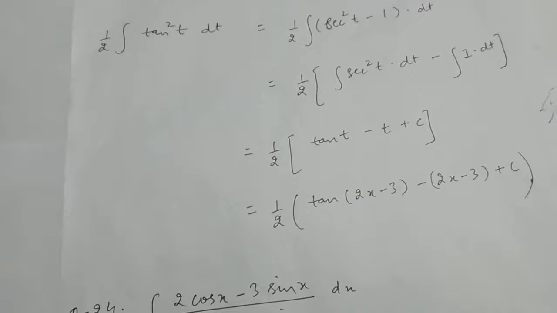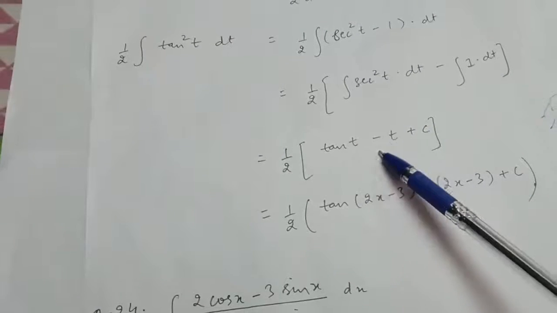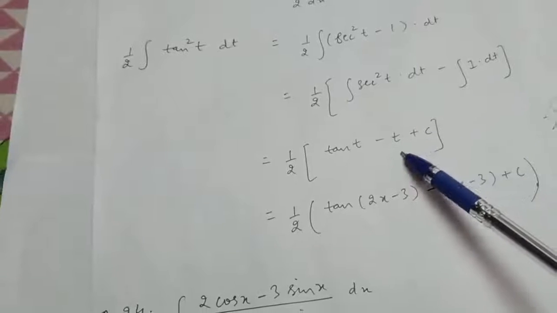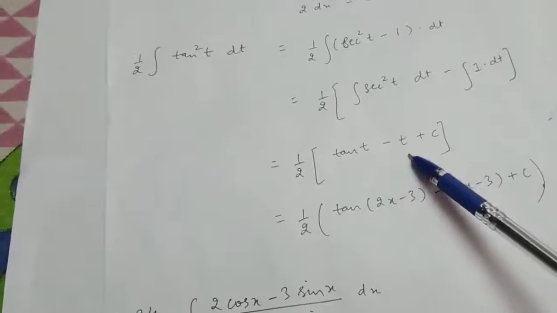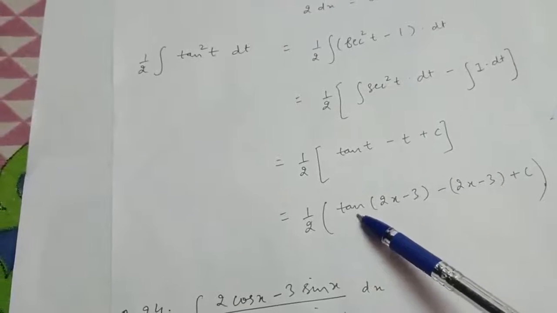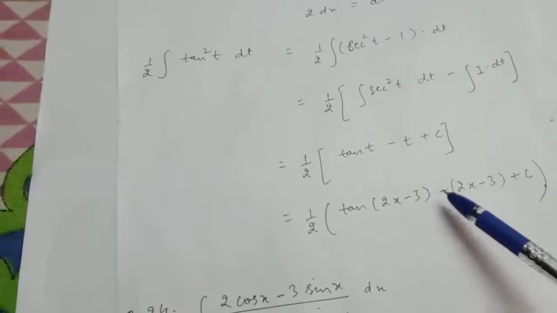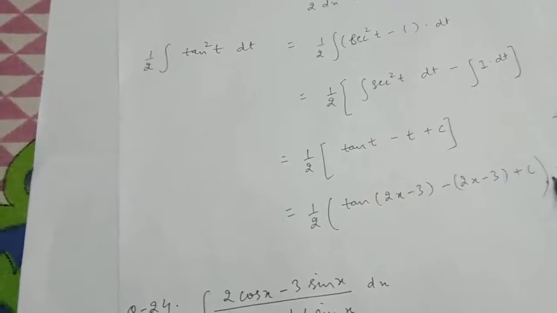Now 1 by 2 as it is, integral of secant square t will be tan t minus integral of 1 is t plus c. In place of t now, put the value which you assumed.